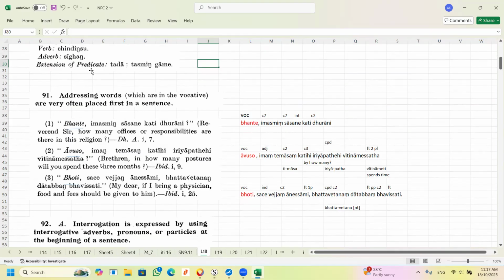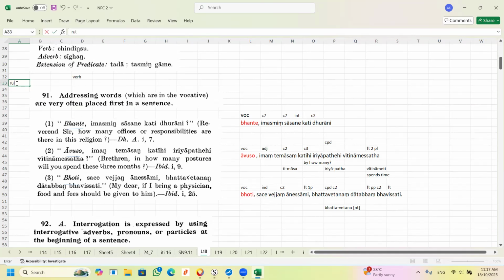The word expression, a predicate, is talking about the verb. After the verb, you put it at the back after the sequence. So addressing words, vocative. You see, vocative means this is talking about Pali rules already.